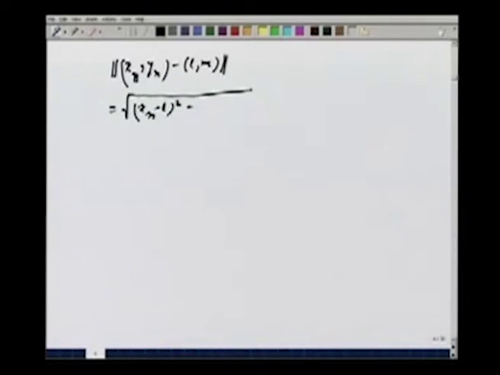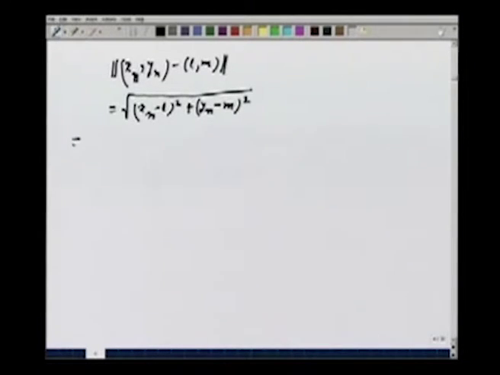I write down the quantity norm of (xn, yn) minus (L, m). I know what this means. It is the square root of (xn minus L) whole squared plus (yn minus m) whole squared.